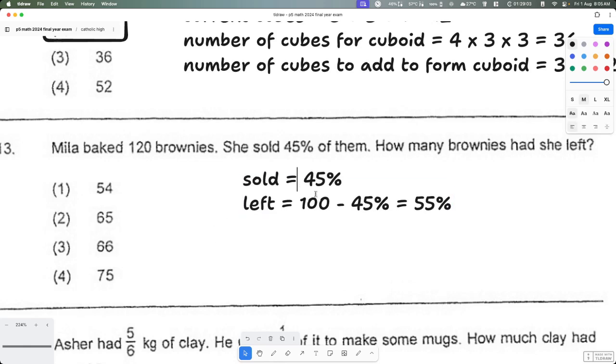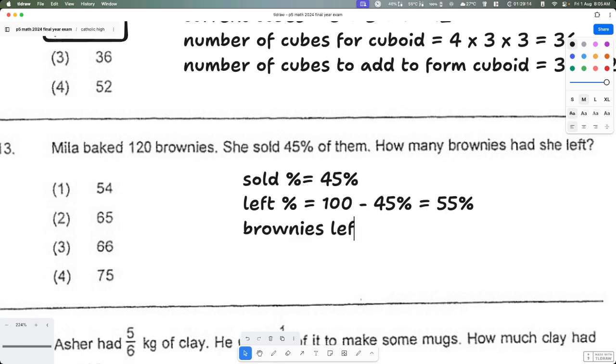So from here, left percentage, sold percentage. Left brownies is equal to 120 times 55%.